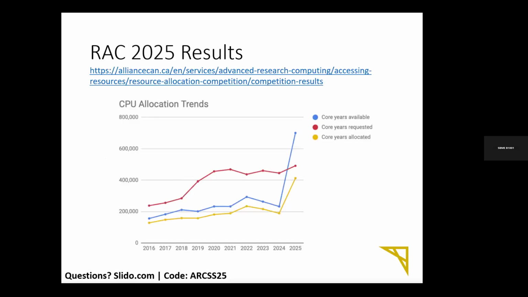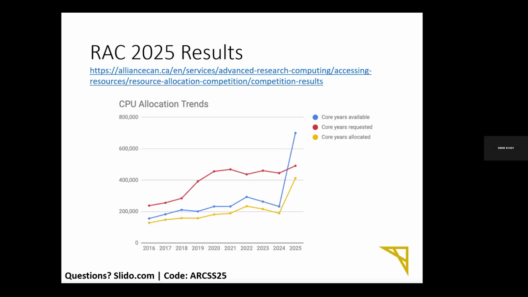Just to give you some understanding of what the RAC results look like. This is the results from the past year, the one competition that ran and was open last fall in 2024. This year's a little different because of the infrastructure refresh, but essentially these are the resources allocated this year.